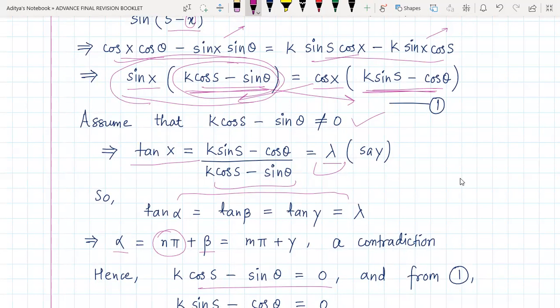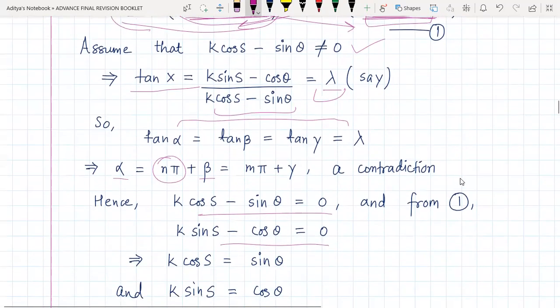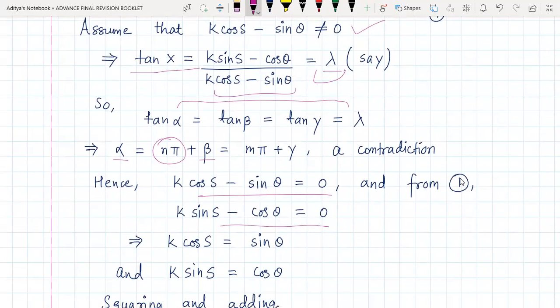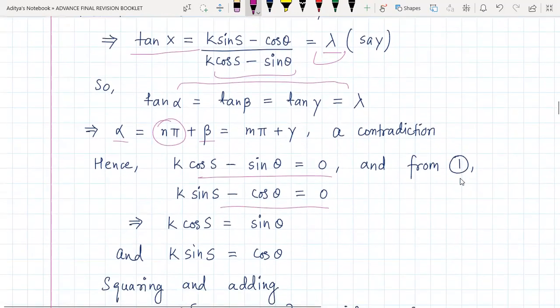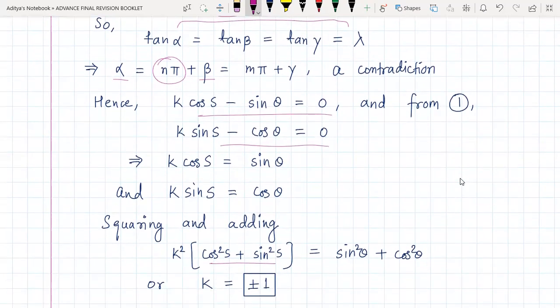And clearly all the cosines can't be 0, so this only has to be 0 in the product. So we have written k sin s minus cos theta is equal to 0. Basically now we get k cos s is equal to sin theta, and k sin s is equal to cos theta. Squaring and adding, we get k square into cos square s plus sin square s is equal to sin square theta plus cos square theta. So k square is equal to 1, or k is equal to plus or minus 1.